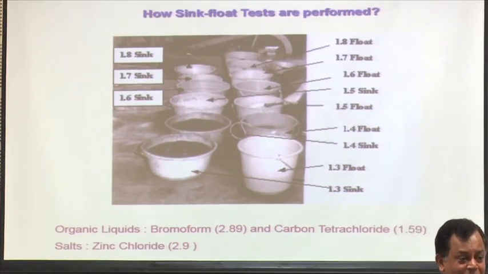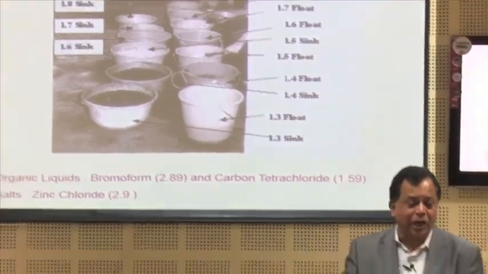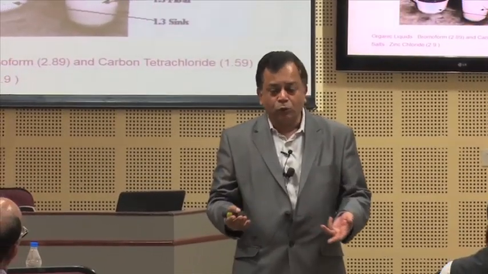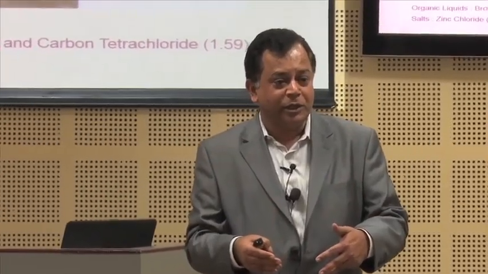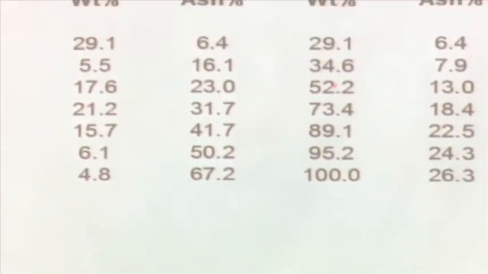That will be a cumulative effect. How much will be in the sink? Suppose I have only 1.6. Whatever has sunk into 1.6, and whatever has sunk into 1.7 and 1.8, will also be in the sink fraction of 1.6. So, that is why we need to find the cumulative weight percent.